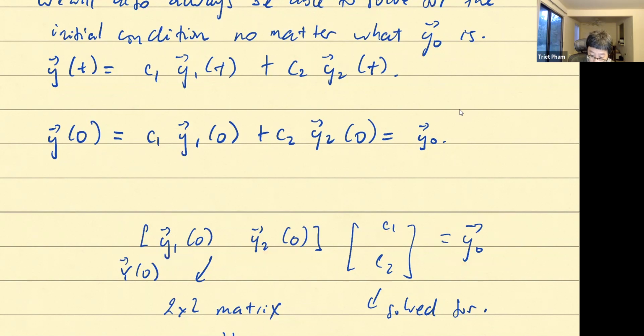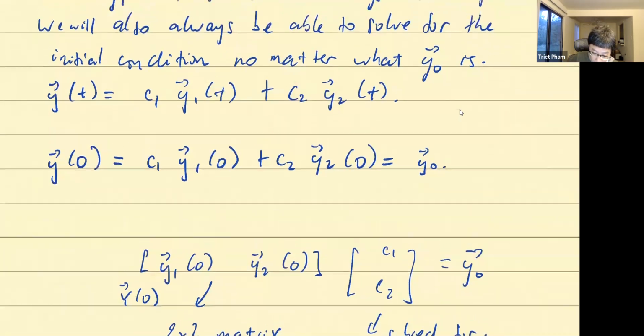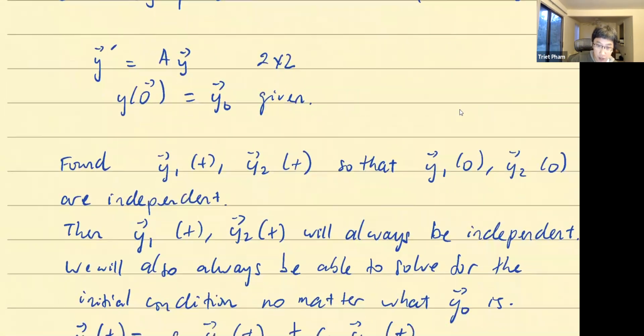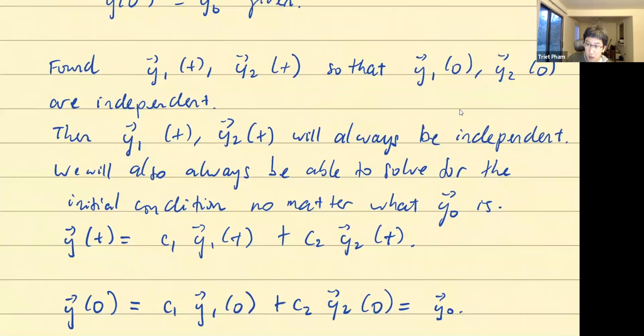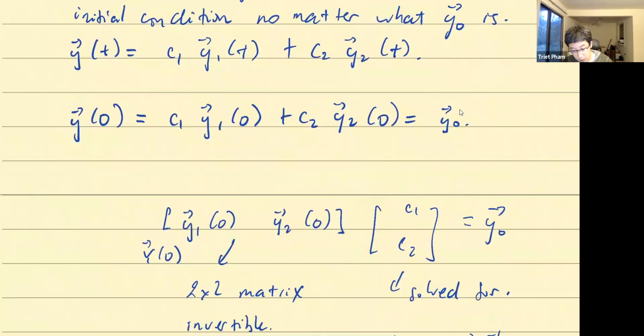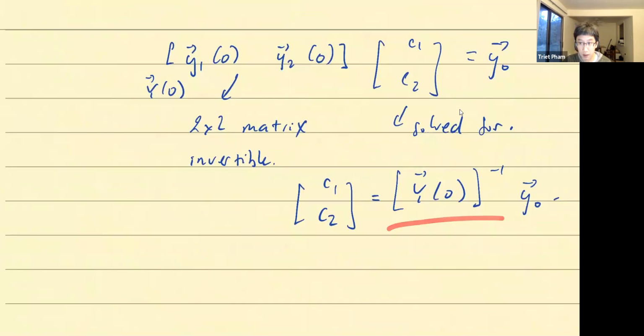But if you're not careful to form a basis with your solution, then you will not be able to reach a certain point on the plane. That means you cannot solve for the initial condition, which means somehow your solution is not correct, or you have non-existence at that point or something. So that's the implication of independence, with how our solutions are constructed and how we solve for the initial condition.